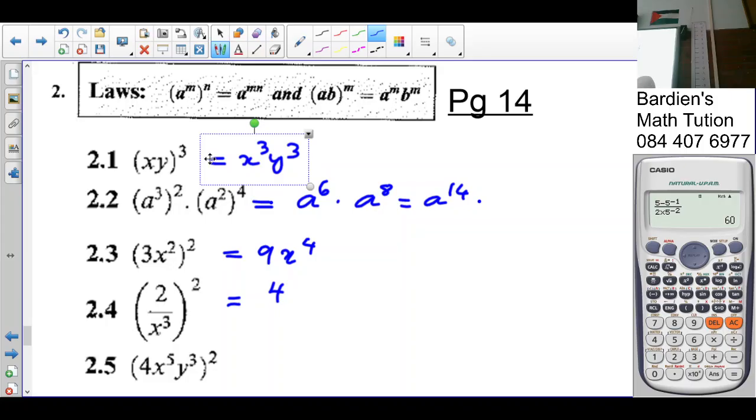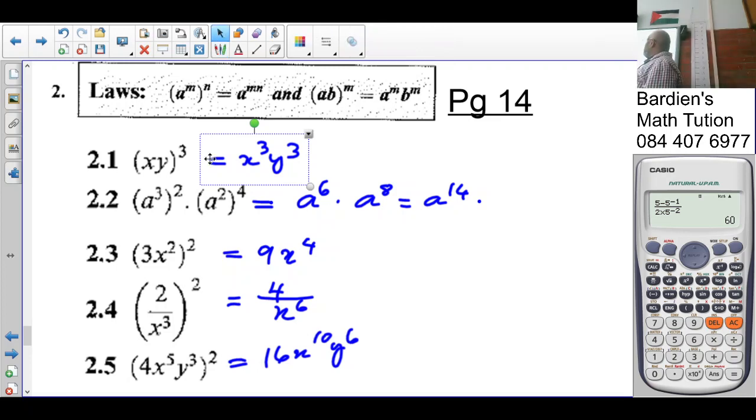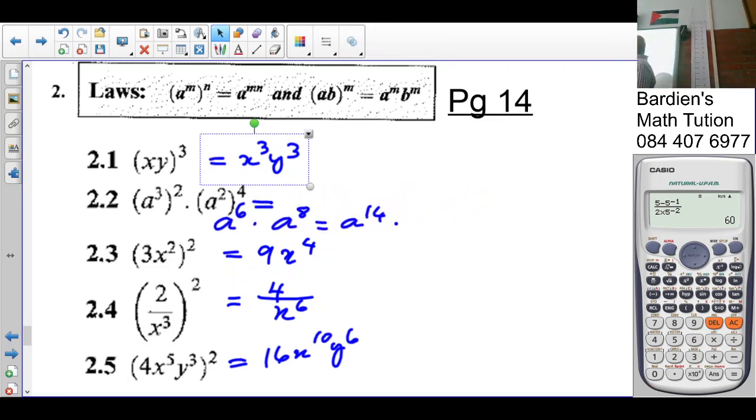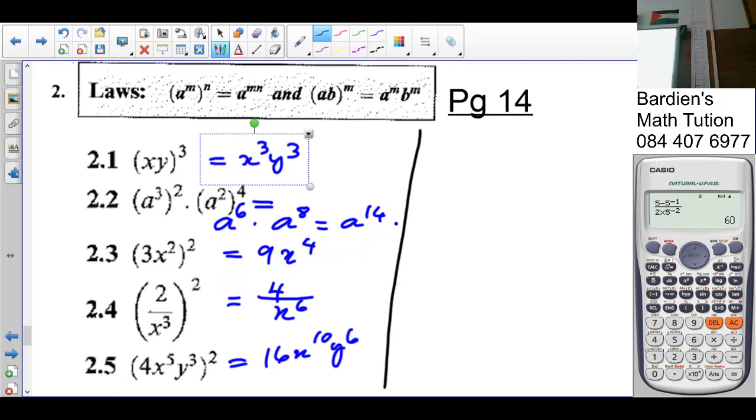The same, huh? 4 over 6. Okay, and the last one? 16. x^10, y^16. Okay, any issues there? You all okay with that? Right. Let's do the second row.